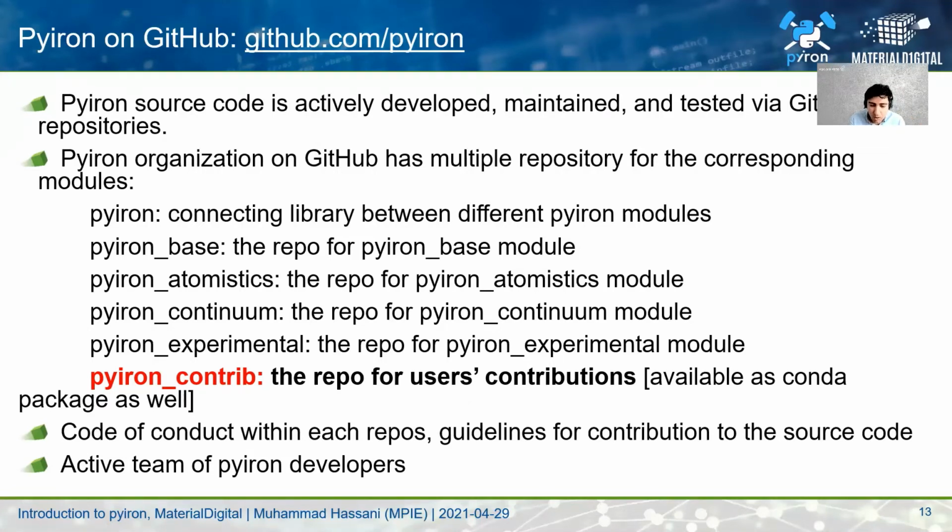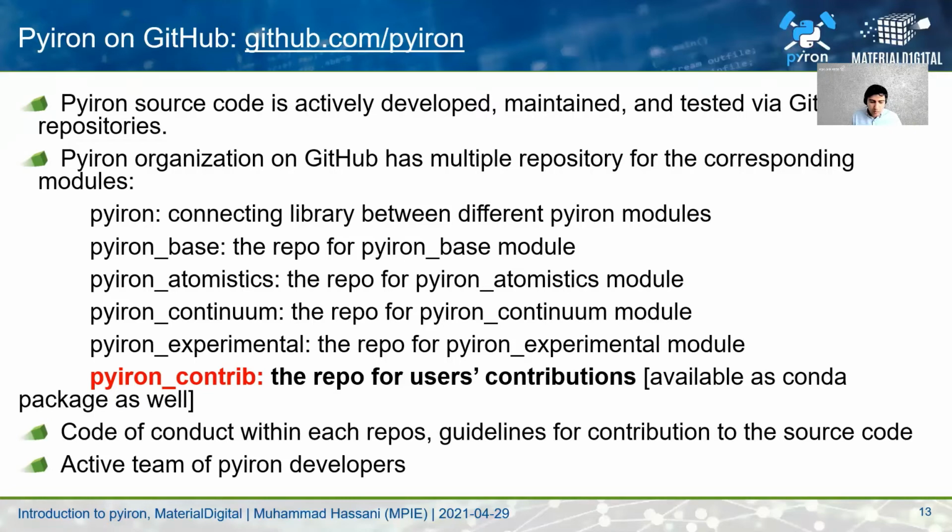When you want to extend Pyiron and contribute to it, you can simply use this repository for your contribution. We have a code of conduct within each repository, which includes guidelines for contributions to the source code. And more importantly, we have an active team of Pyiron developers who can support you with your questions and issues.